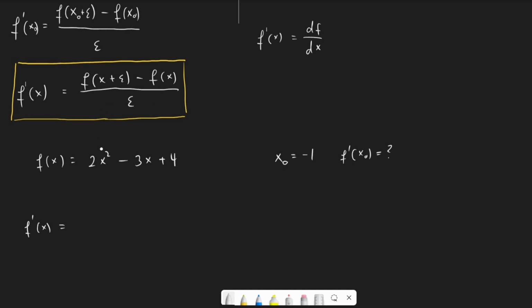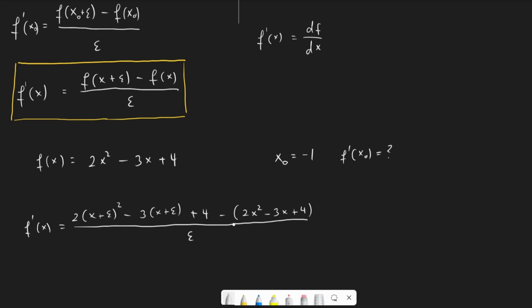And for this, first we will use x plus epsilon in the place of x, and after that we will subtract f of x itself. So we have 2 times (x plus epsilon) squared minus 3 times (x plus epsilon). So what we are doing now is calculating this first term, and we will subtract f of x, which is 2x squared minus 3x plus 4. And we will divide by epsilon.